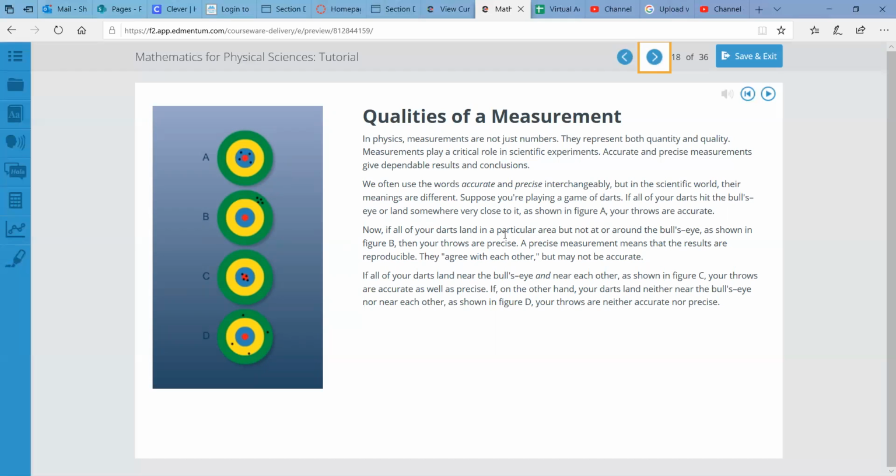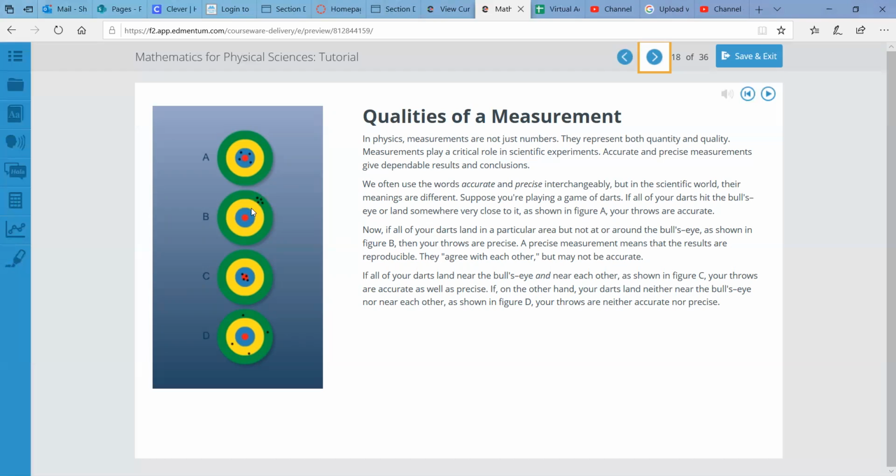Now, if you land all of your shots really close together, but nowhere near the target, that is how we refer to precise. Your shots are very close together, even more so than these ones, but you just weren't accurate.